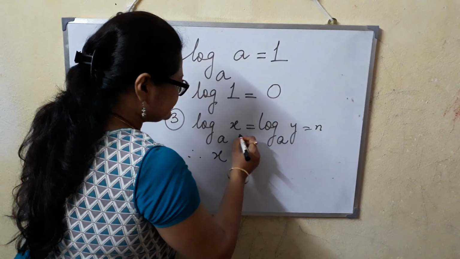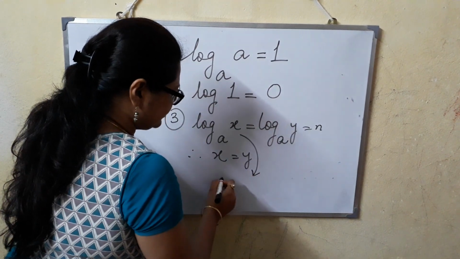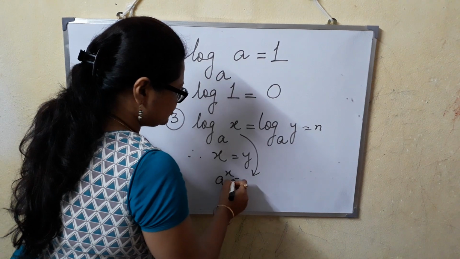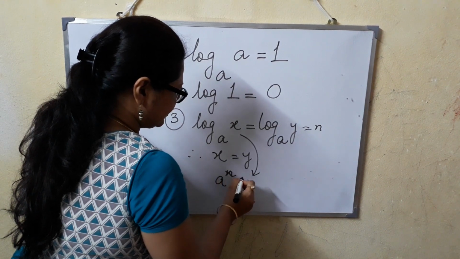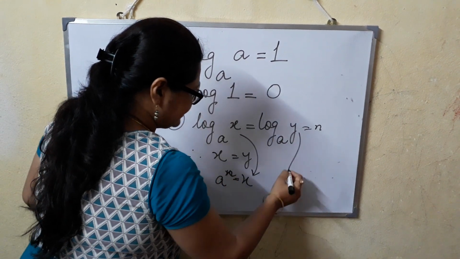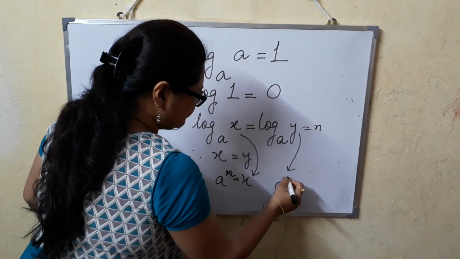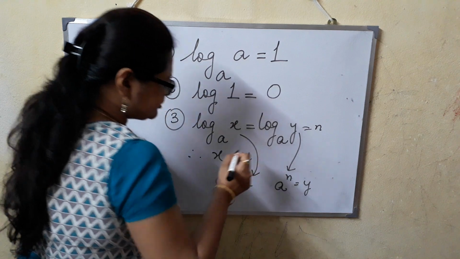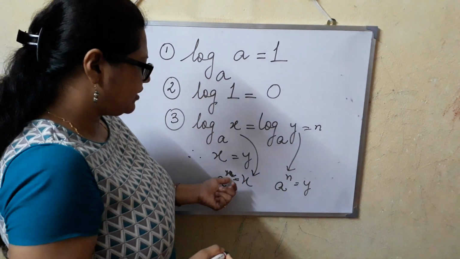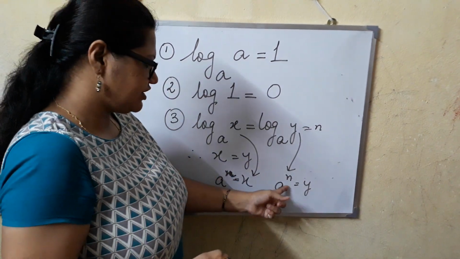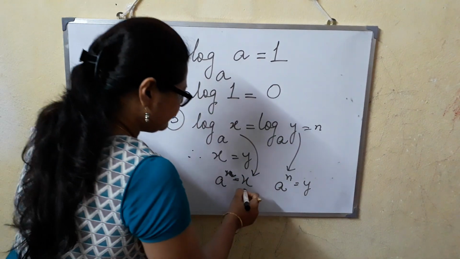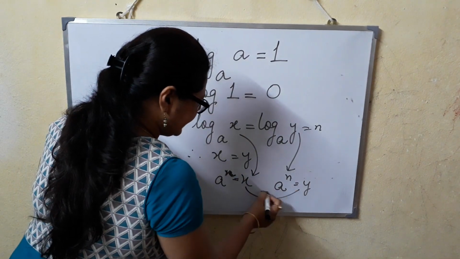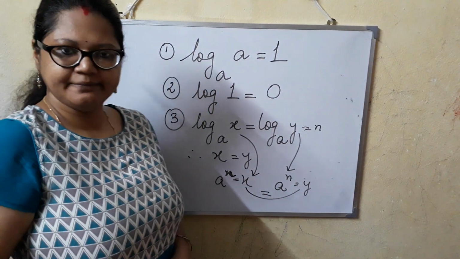So when we are converting this in exponential forms, we can write a to the power of n is equal to x, and this one a to the power of n is equal to y. So in both the cases, what do we see is this is also a to the power of n and this is also a to the power of n. So from here we can conclude that x is equal to y.